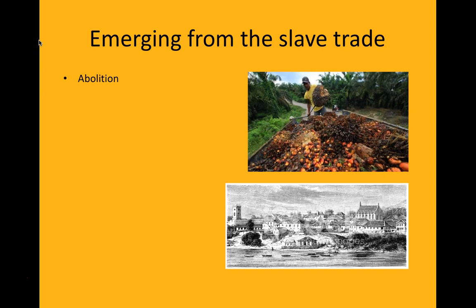Britain declared the abolishment of the slave trade in British territories in 1806. Again, that doesn't mean that they stopped using slaves on plantations in the Caribbean and other places, but it does mean that they stopped trading in slaves, and Britain actively began to put pressure, militarily and otherwise, on other European countries to stop trading in slaves.